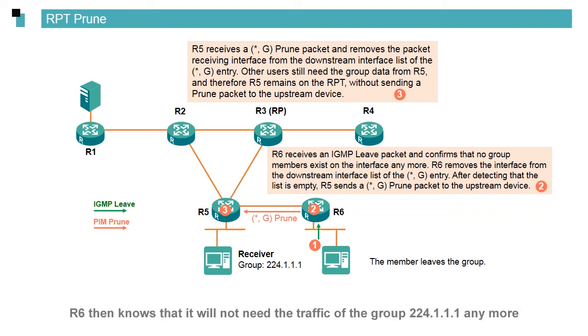R6 then knows that it will not need the traffic of the group 224.1.1.1 anymore, and therefore sends a PIM prune packet to the upstream interface, requesting to be pruned from the RPT of (*, 224.1.1.1).